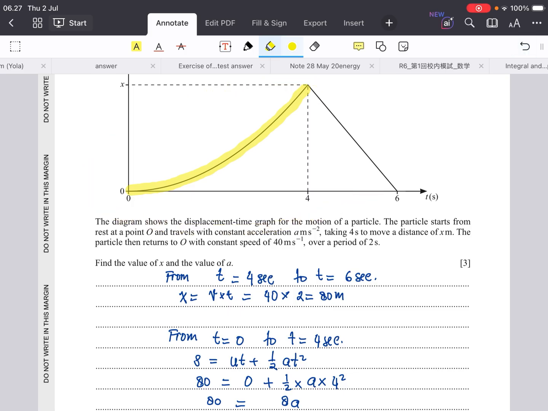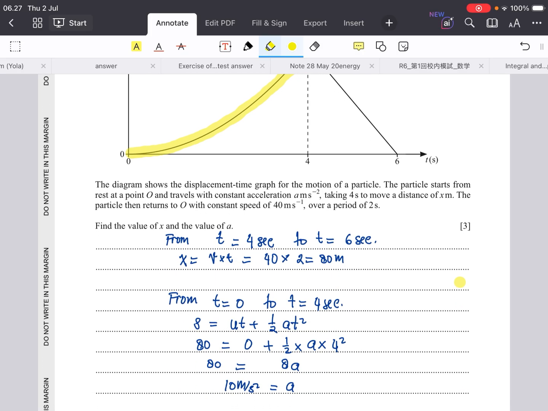So we are using the formula s equals u times t plus half a t squared. We put in the information: u t is equal to 0 since the initial velocity of the particle is 0, plus half a times 4 squared. Solving this equation, we can find that the value of a is equal to 10 meters per second squared.